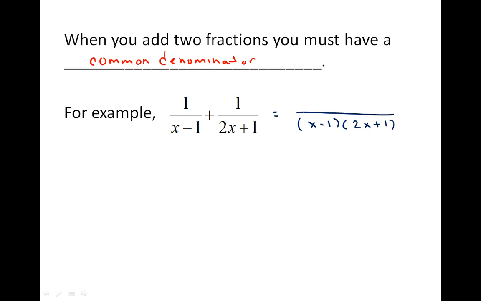So I would have to multiply this 1 by 2x plus 1. And I would have to multiply this 1 by x minus 1, because I'd be multiplying this side by x minus 1 and this side by 2x plus 1.